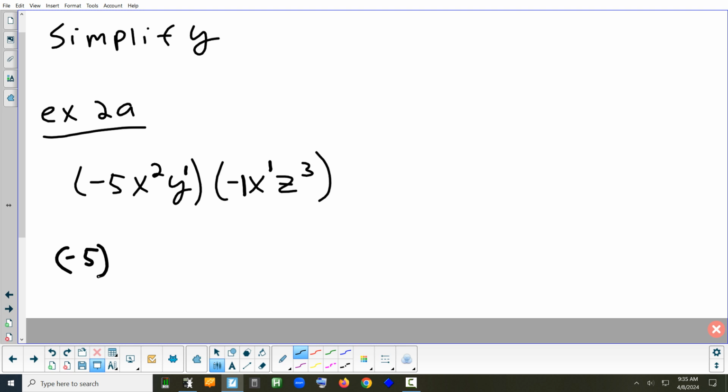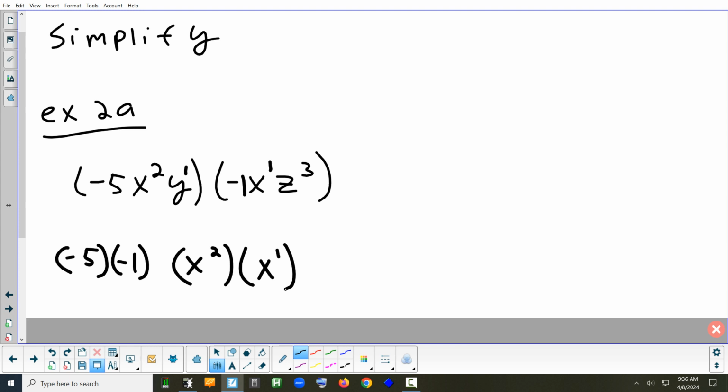The negative 5 and the negative 1 are both constants. Therefore, they are like terms, and they can be multiplied together. All right. Let's go to the x squared. Is there anything that the x squared can be combined with in the next set of parentheses? Yes. What is it? The x to the first. Yep, the x to the first.